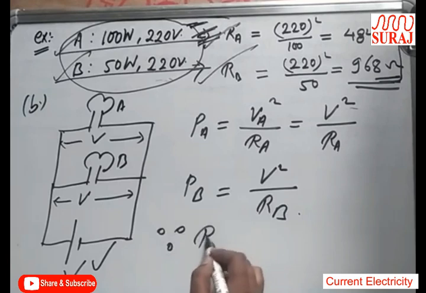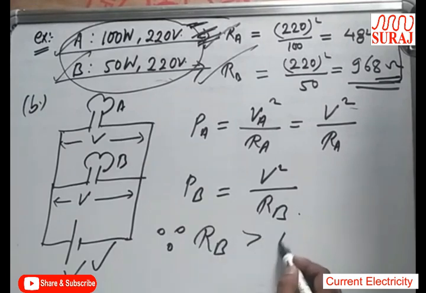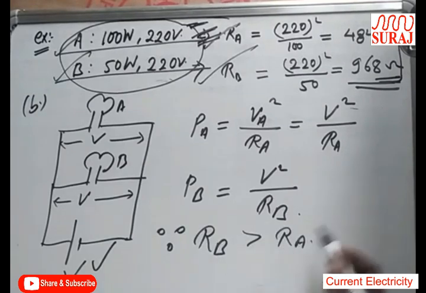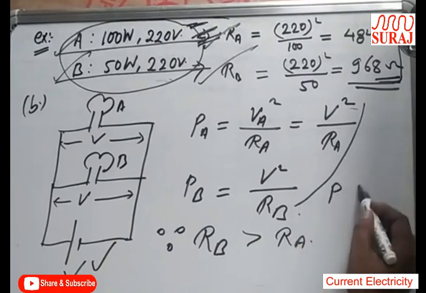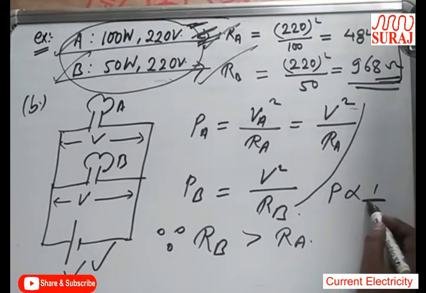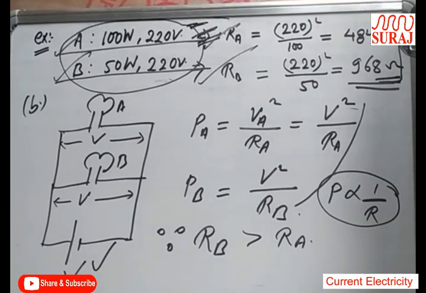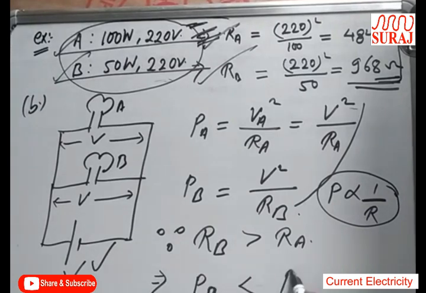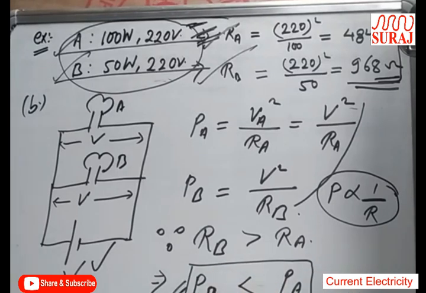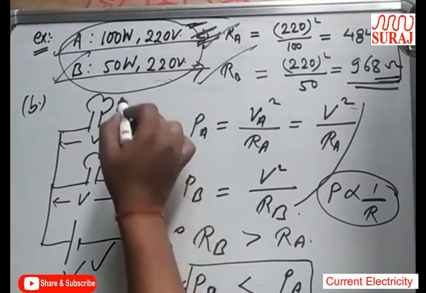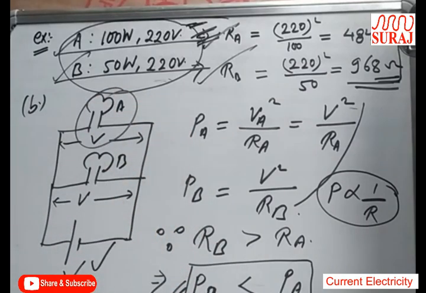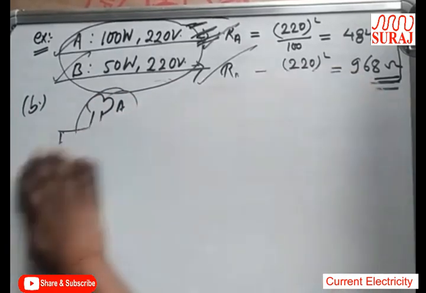Since the resistance of B is greater than the resistance of A, in a parallel combination the power consumption is inversely proportional to the resistance of the instrument. So the power dissipated in B will be less than the power dissipated in A. It means bulb A will show more brightness than bulb B.